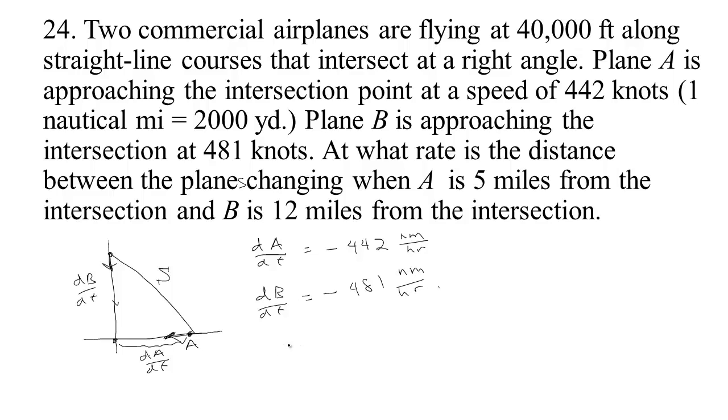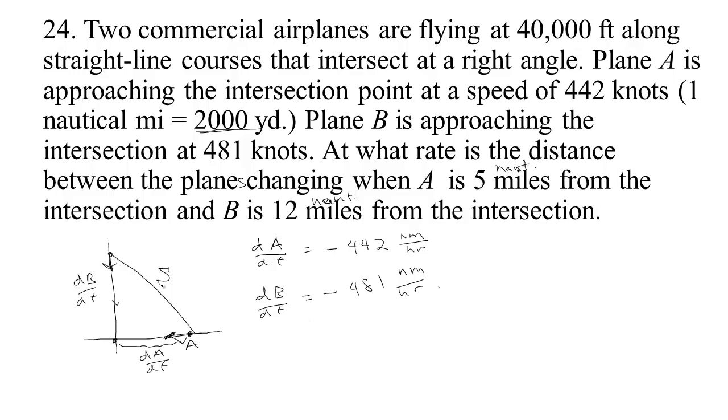Okay, and they give us this relationship. I think since they're doing it in knots, let's assume that these are nautical miles as well. If not, they give us enough information to convert, since we know a regular mile is 1,760 yards, but let's assume everything's in nautical miles.